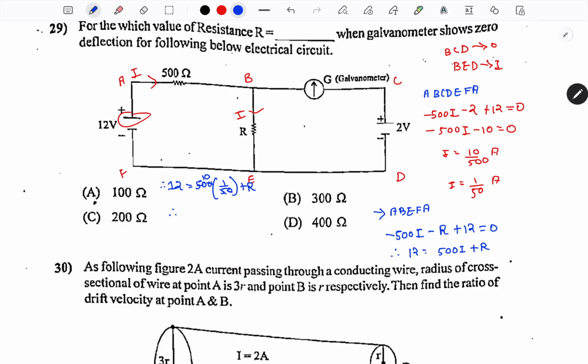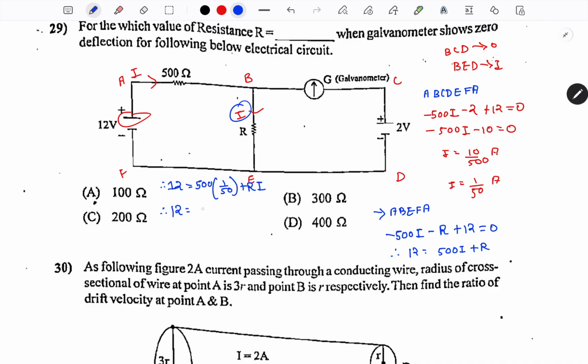Wait a second, I think I have made a mistake. Yes, I had made a mistake. V is equal to I into R. For example, this current is I, so now it is clear.